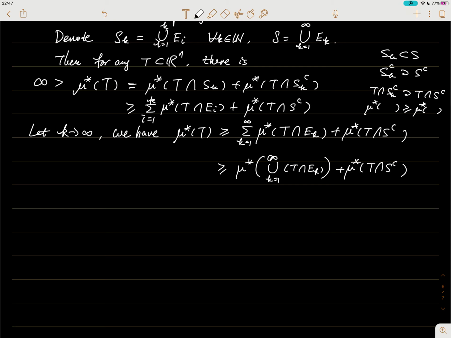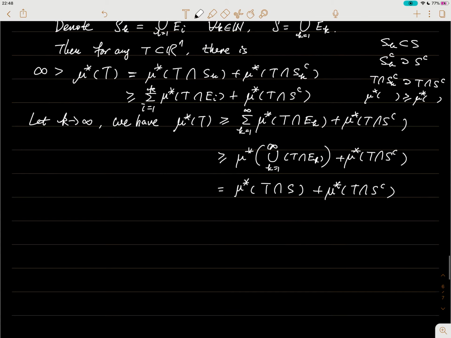But notice that this first term, if I use the distributive law, is just T intersect with the union of k from 1 to infinity E_k. So that's just the intersection of T and S. And that's why this first term is just mu star of the intersection of T and S. And the second term is the same.